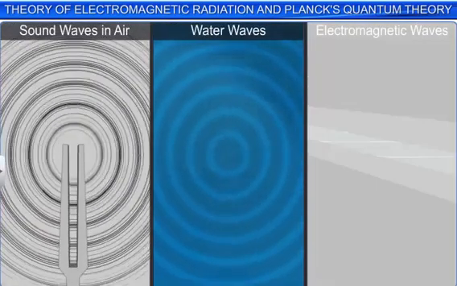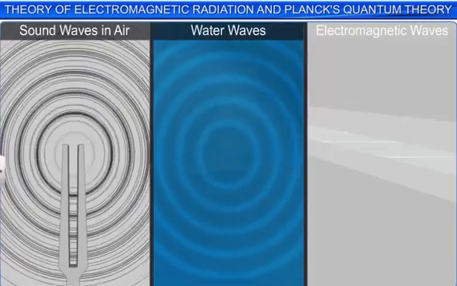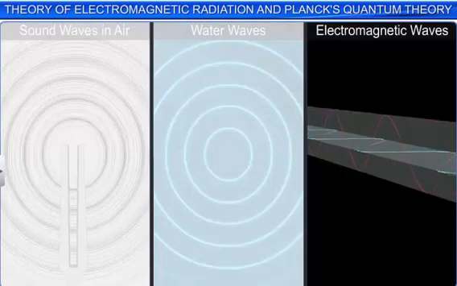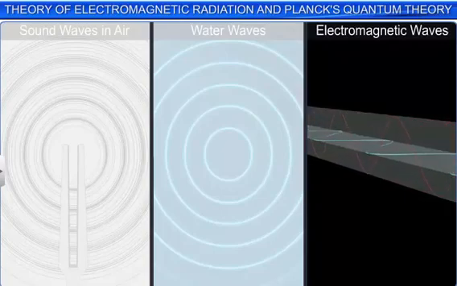Unlike sound or water waves that require a medium for propagation, electromagnetic waves can move in vacuum at the velocity of light, that is, 3 × 10 raised to power 8 meters per second.